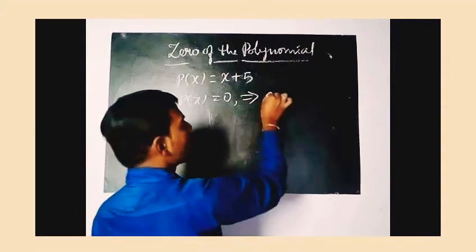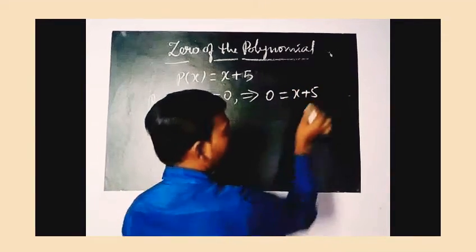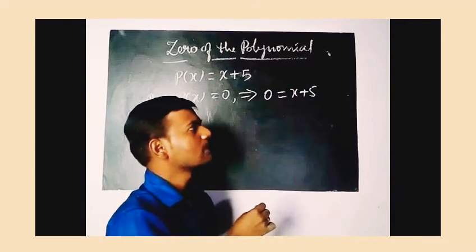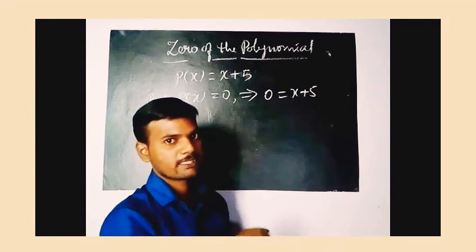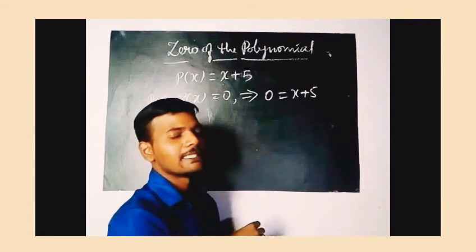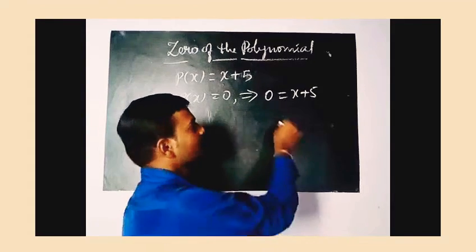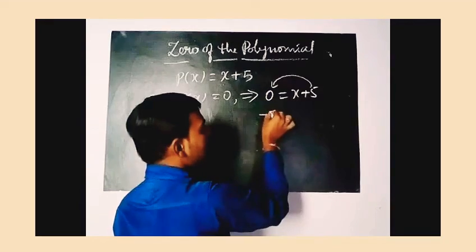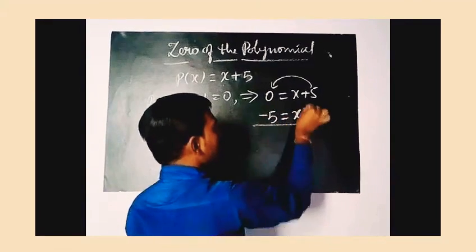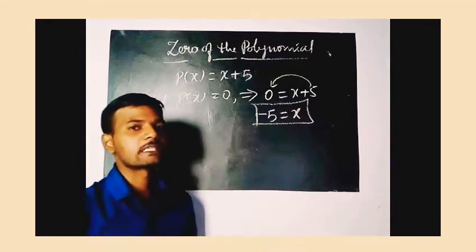Then 0 is equal to x plus 5. You know the transposing of variables and constants from your previous standards while solving linear equations. So 5 goes to the left side and becomes minus 5, which is equal to x. So x is equal to minus 5 is the zero of the polynomial.